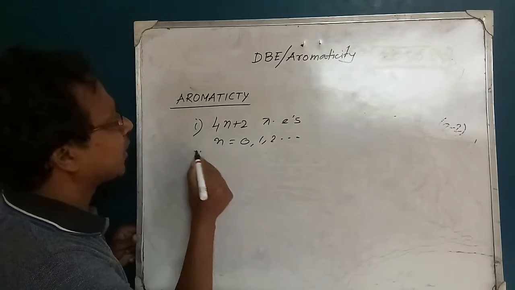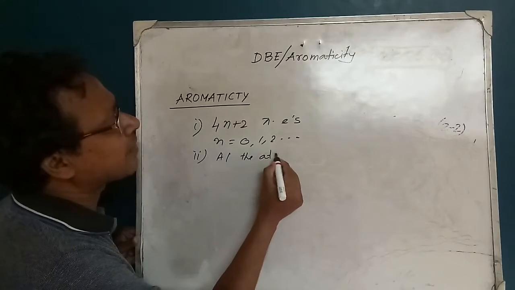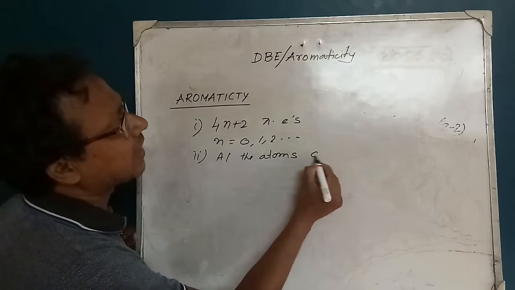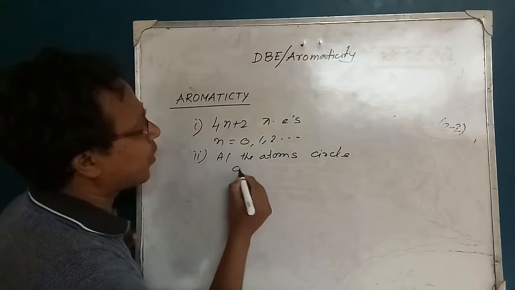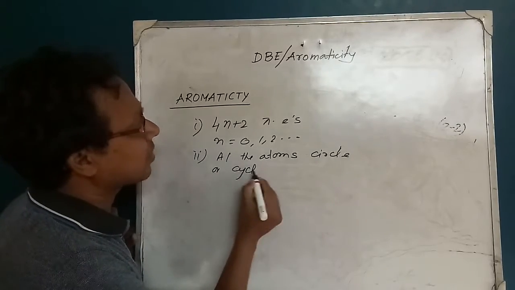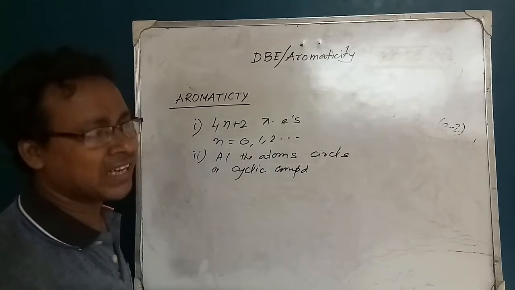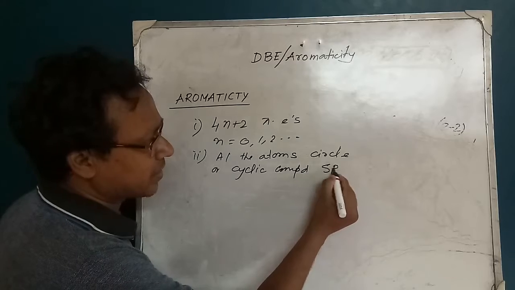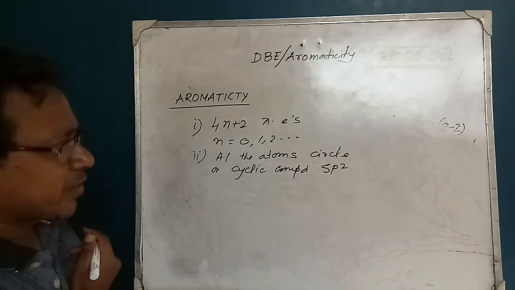Number 2, all the atoms that form the circle or cyclic compound must be in the sp2 state. Why is it necessary to be sp2?